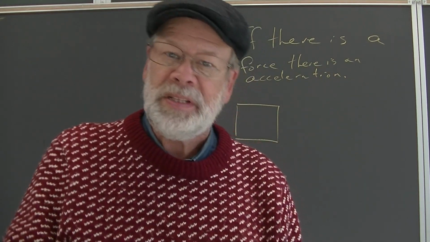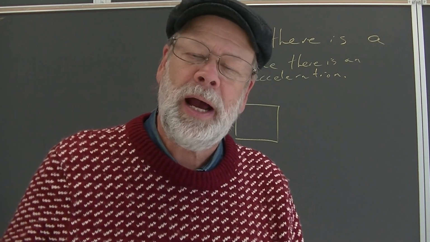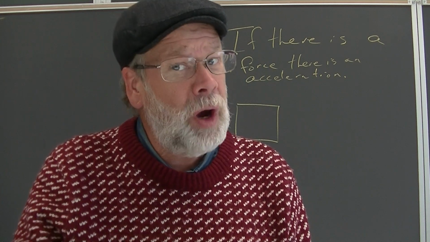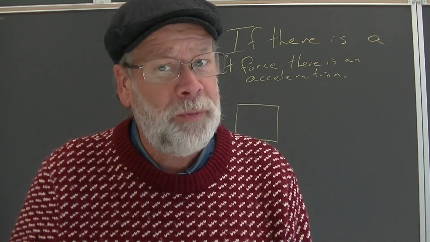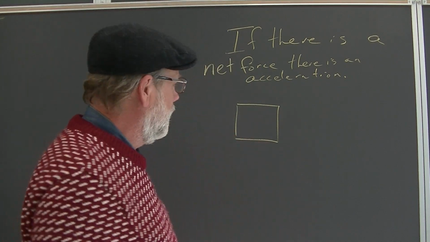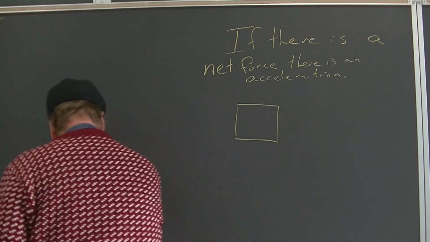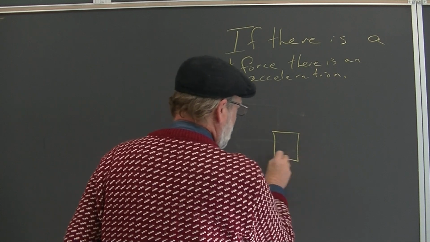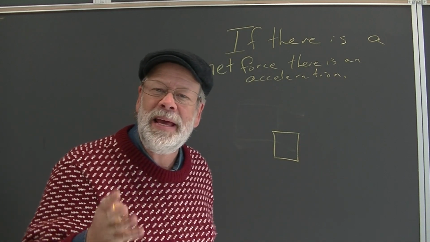If there's a net force, there's an acceleration. There is never a time when that is not happening. So if there's no acceleration, what can you say about the forces acting on an object? All right? If there's no acceleration, the forces acting on an object must be in balance.